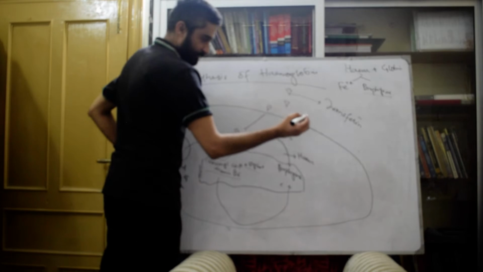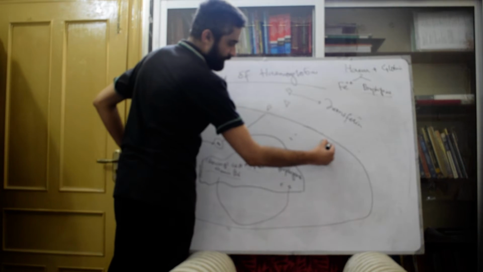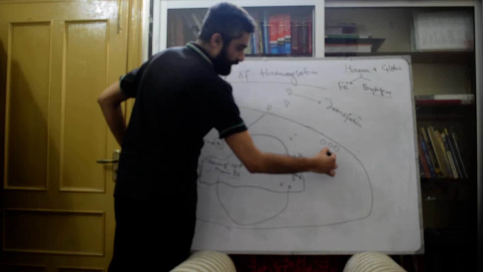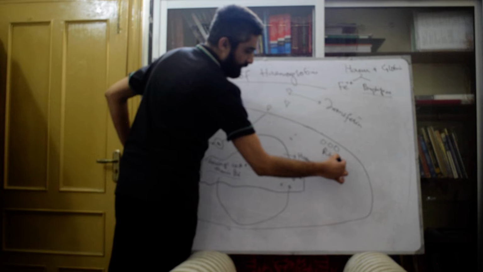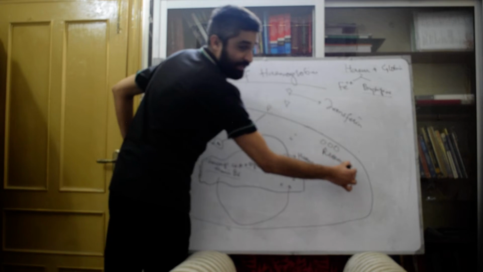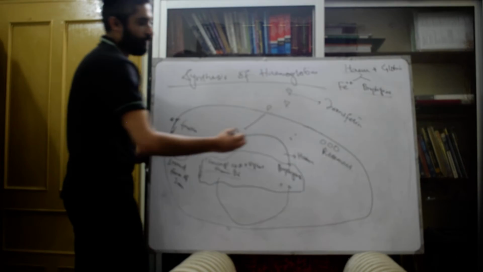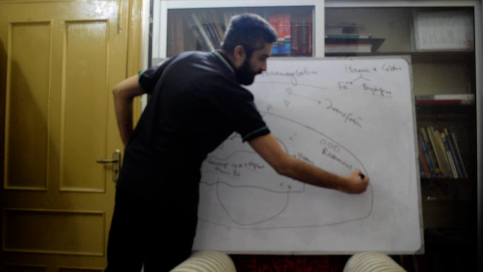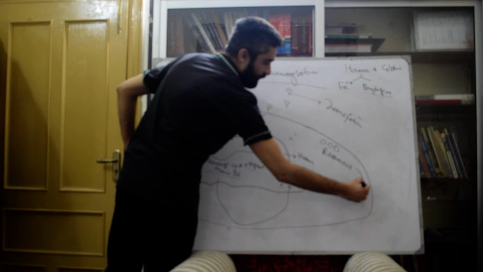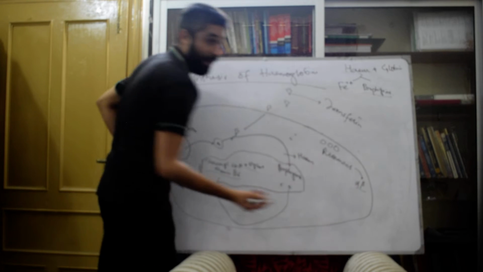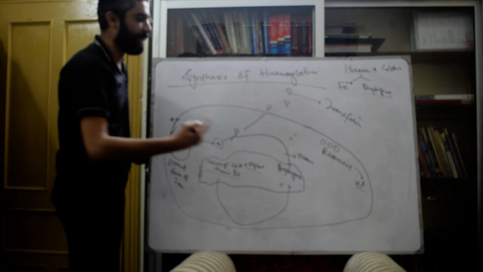There are ribosomes present. Ribosomes help in the formation of the alpha group and beta group. It is a dimer, because there is one alpha and one beta.